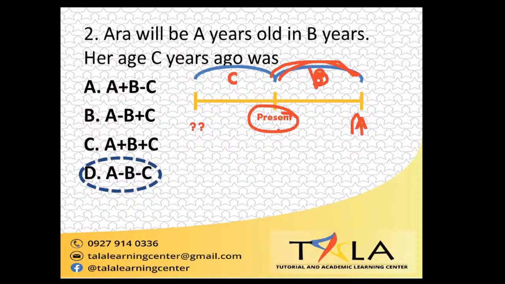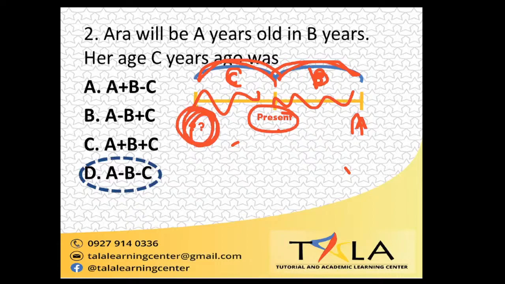And then, C years ago, so pag ago, syempre past. Mula present, pabalik ng past, C years ago, ano daw yung magiging edad niya? Isipin mo lang, parang number line. Kunwari, may mga values to, paano mo makukuha yung value nito? Parang nag-measure ka lang. E di, A, minus mo yung B, tanggalin mo tong area na to, and then minus mo yung C, makukuha mo isa to. Therefore, our answer for number 2 is letter D.